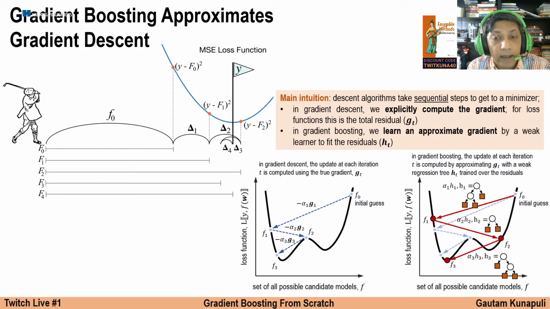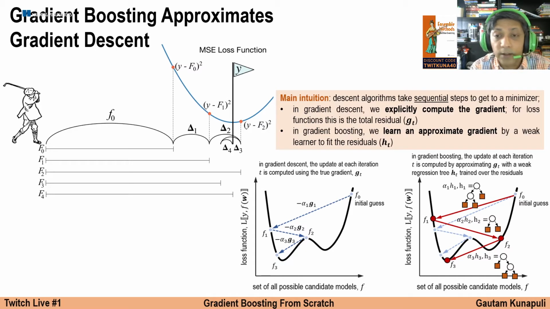On the other hand, gradient boosting is going to work in pretty much a similar way, right? But instead of explicitly computing the gradients at each iteration, we're going to learn to approximate the gradient at each iteration.